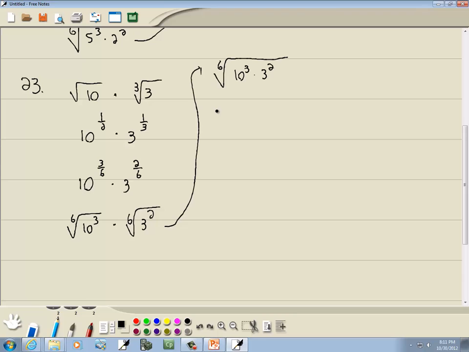I'm trying to think if this works out nice in any sense at all. I don't think it does. So 10 to the third is 1,000. 3 squared is 9. So that gives us 9,000.